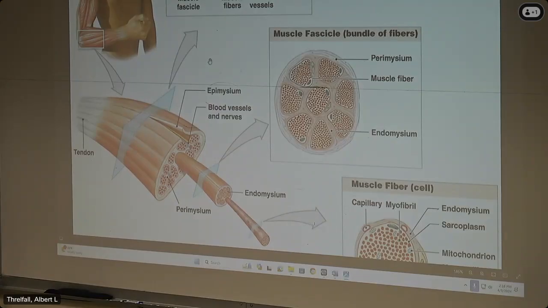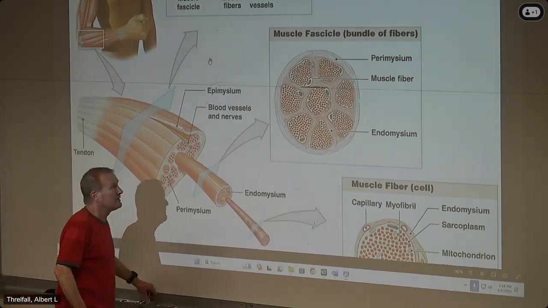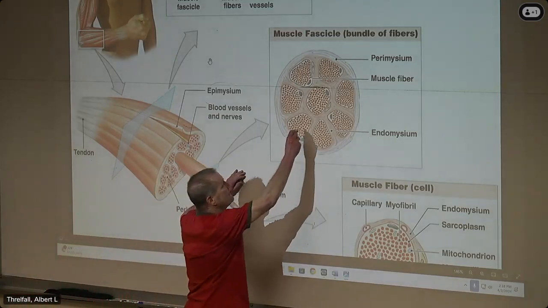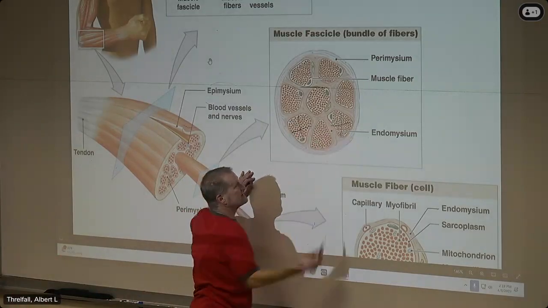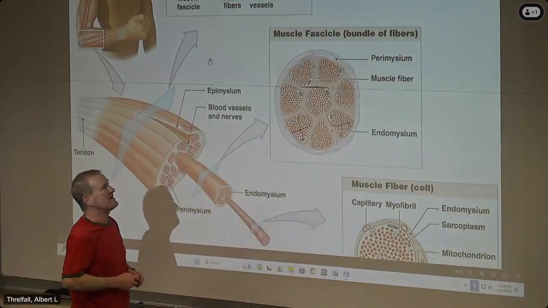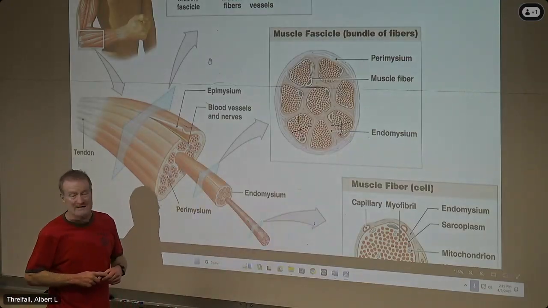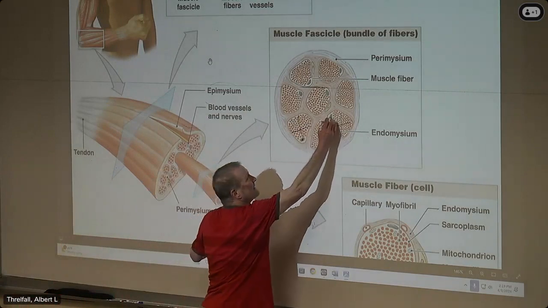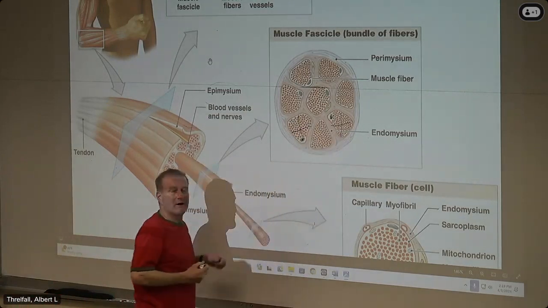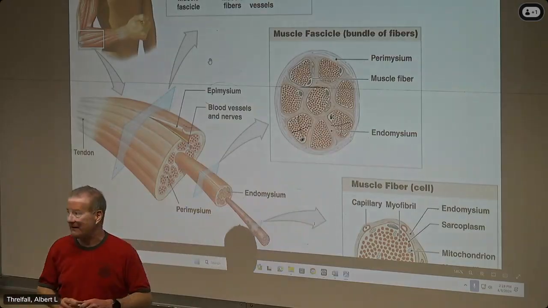So the outer boundary of the fascicle is the perimysium, and it holds together the subunits of a fascicle, which are cells. So each of these is a muscle cell, and there's something in those muscle cells that I hope you recognize from Monday. Look at the nuclei. They are peripherally located.